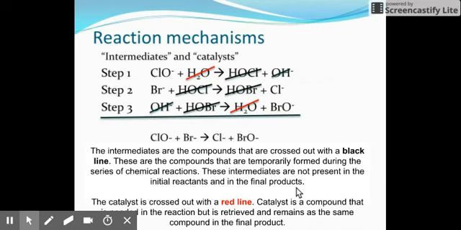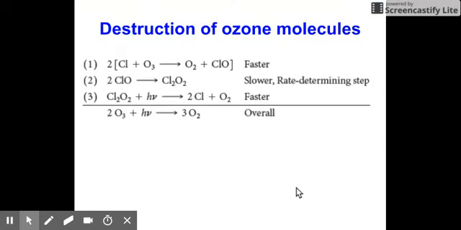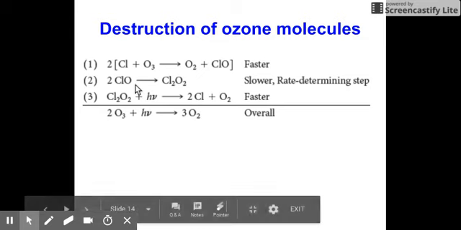Let's have our last example. You have this series of chemical reactions where your ozone molecules are destroyed because of chlorofluorocarbons, your CFCs. When CFCs get disintegrated by the presence of heat or light from the sun, very reactive chlorine will be generated.